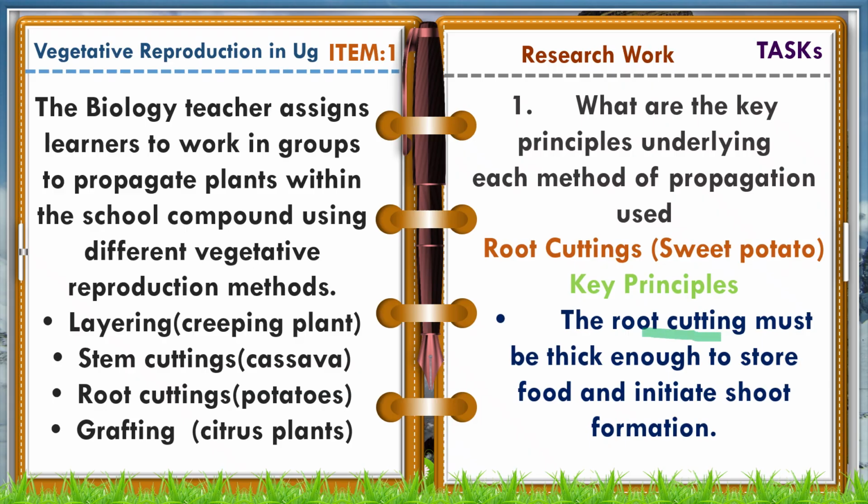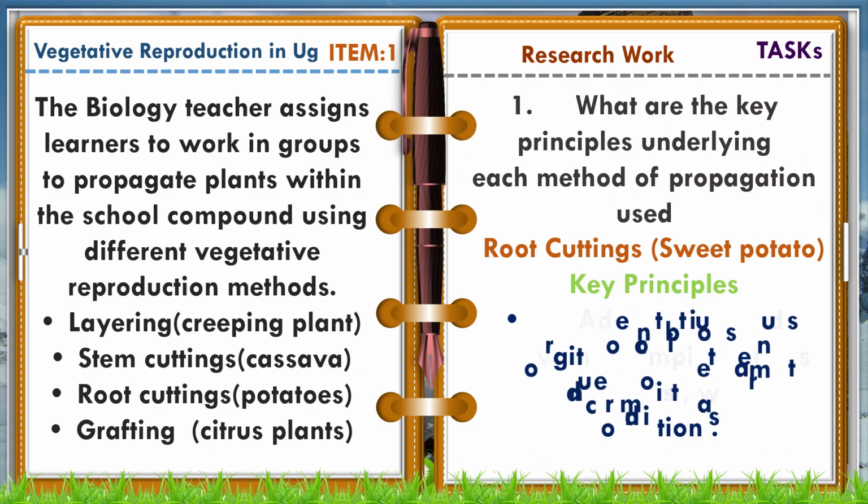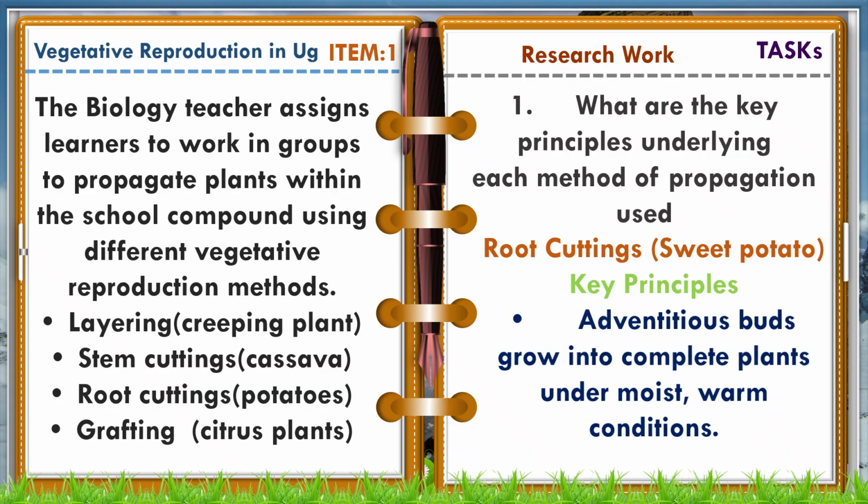The root cuttings must be thick enough to store food and initiate shoot formation. Adventitious buds grow into complete plants under moist, warm conditions.